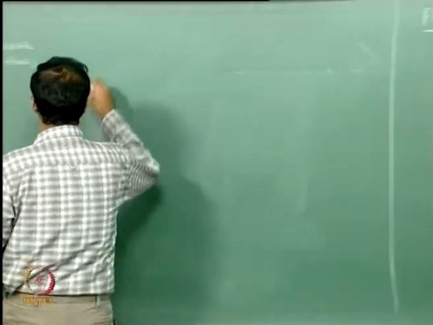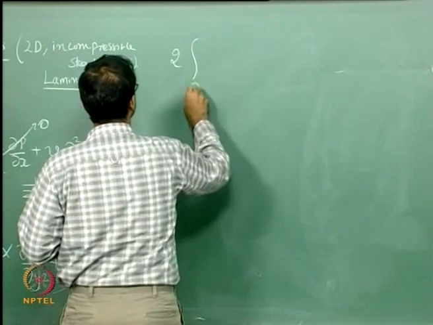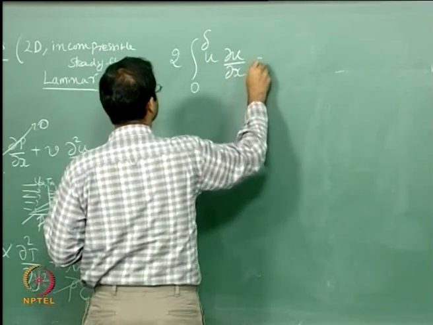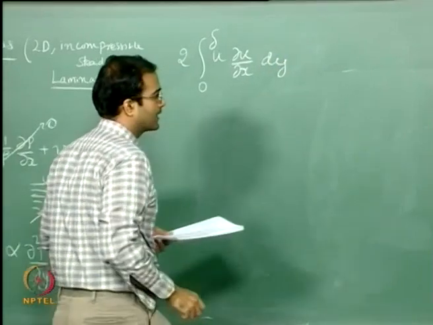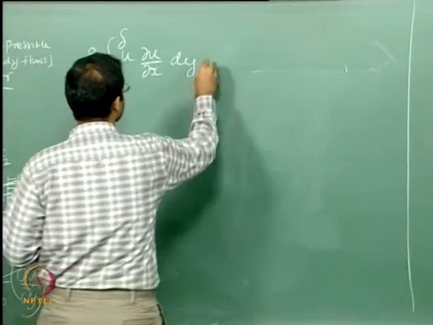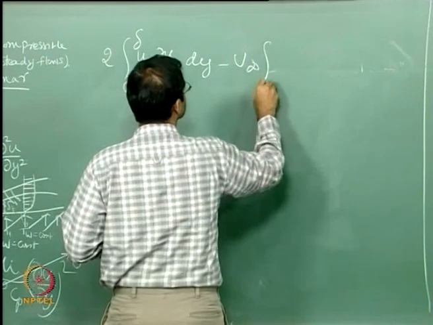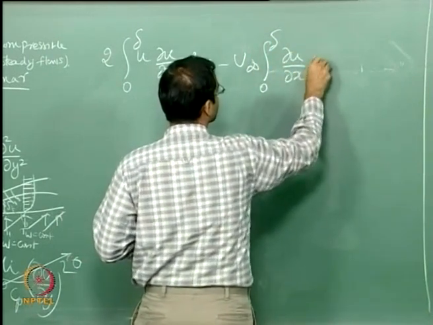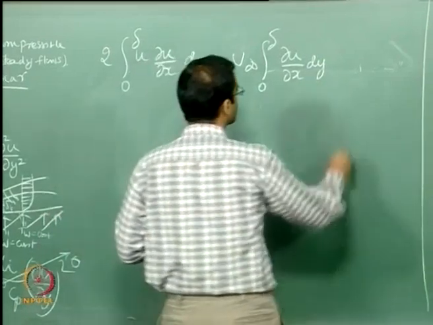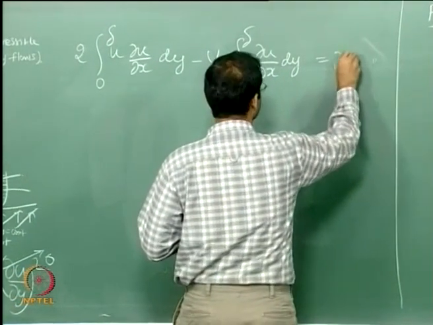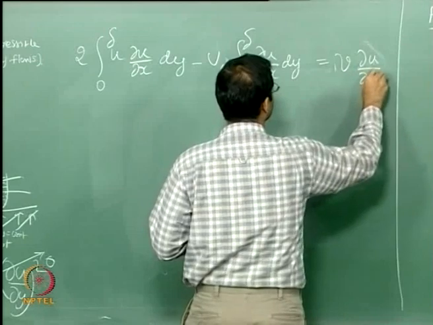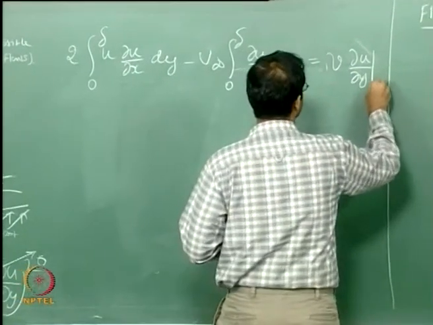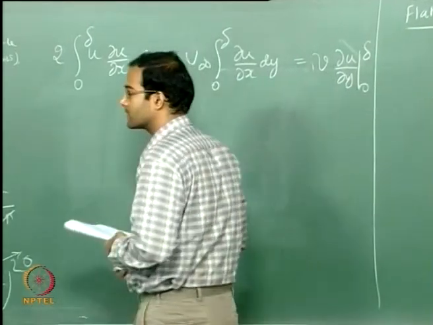So that will be 2 times integral 0 to delta u du/dx dy, and then you have minus u infinity integral 0 to delta du/dx dy, that should be equal to mu dou u/dou y at, now this has to be integrated from 0 to delta, so these are the limits I am applying.